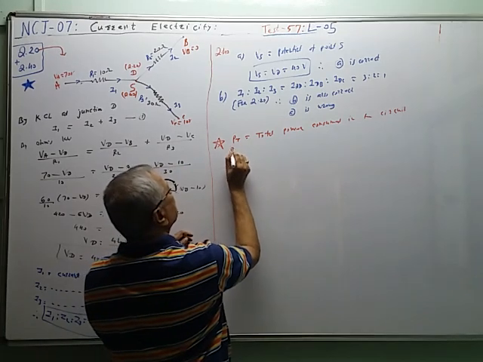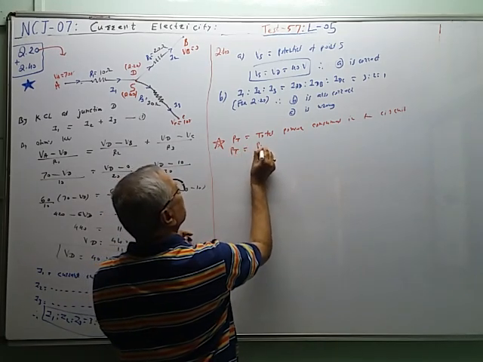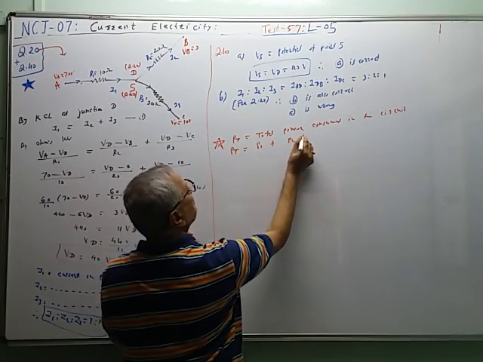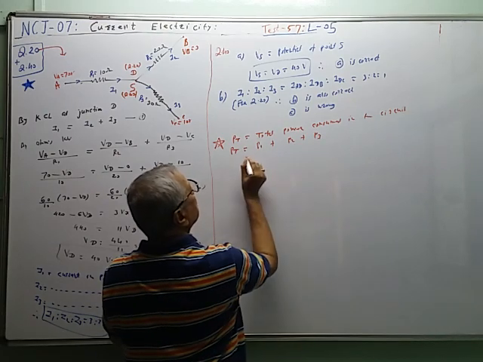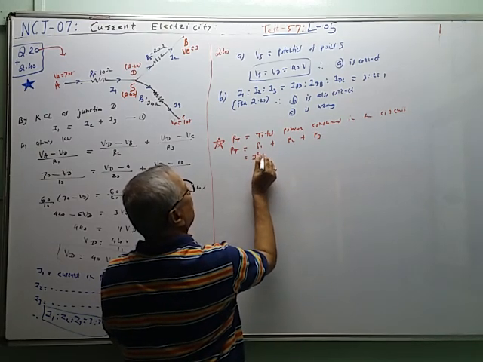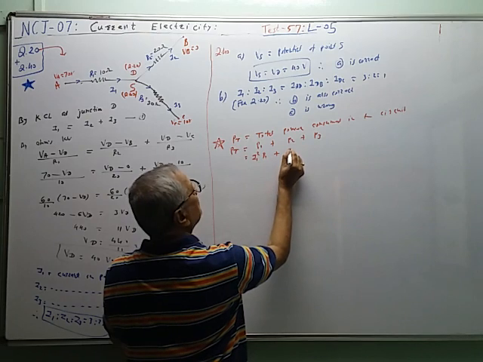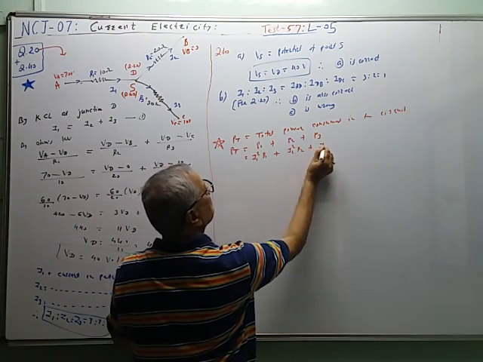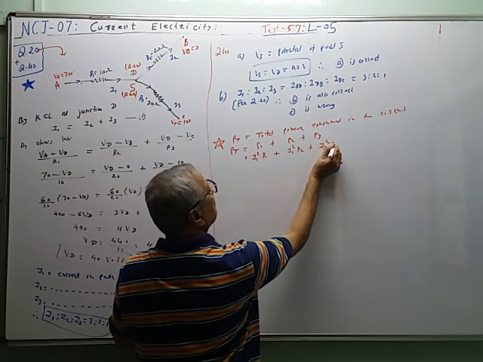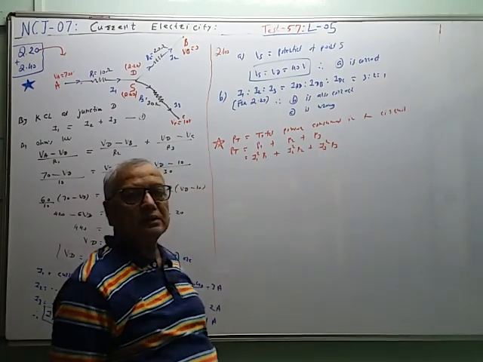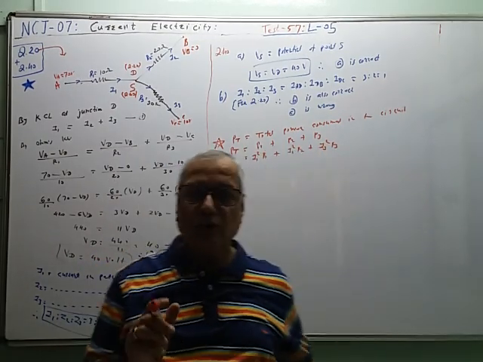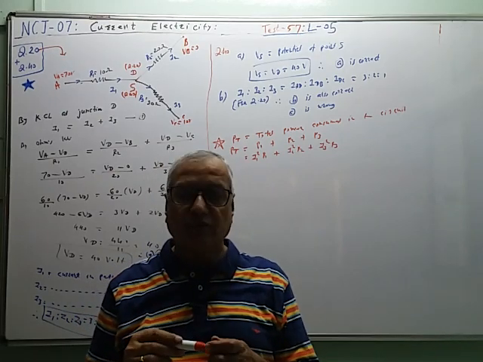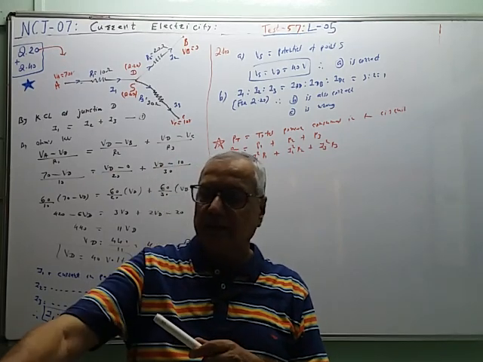And therefore PT is equal to P1 plus P2 plus P3. So that is equal to I1 square R1 plus I2 square R2 plus I3 square R3. We have 3 formulas for power: VI, V into I is equal to power, V square upon R, and I square R, like this one.